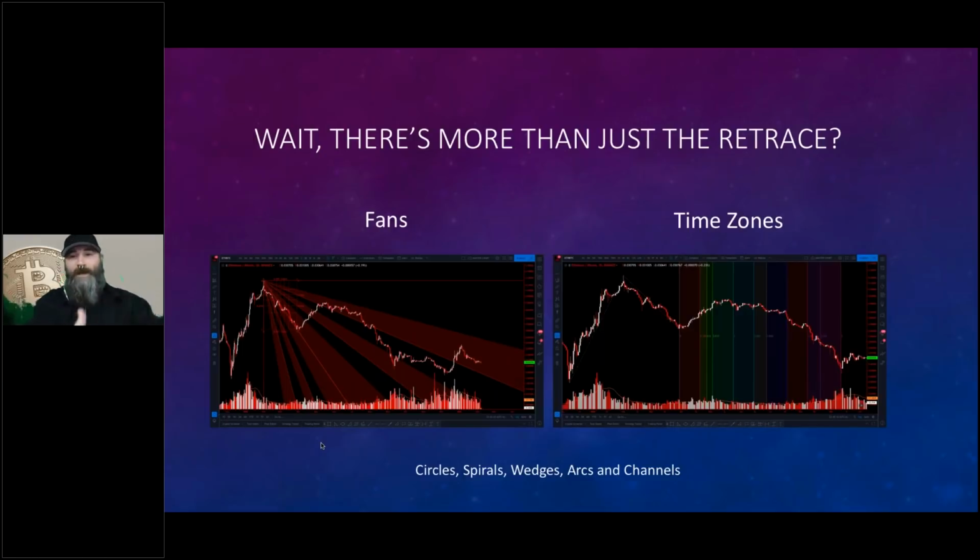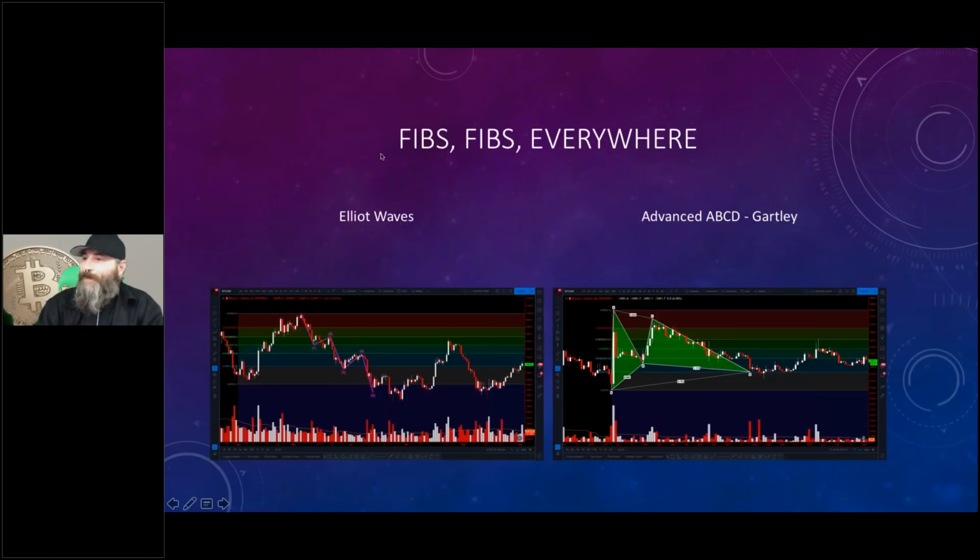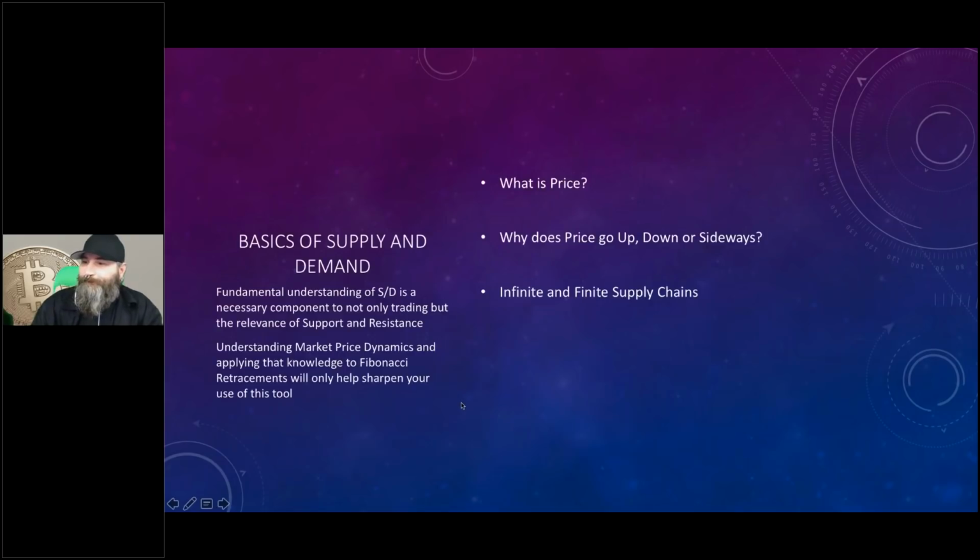So we are incorporating it into our trading, all right? It is also part of Elliott wave studies, advanced ABCD Gartley patterns, crab patterns, butterfly patterns, bat patterns, the whole 9 yards. You use Fibonacci in tandem with these theories or these methods of trading.